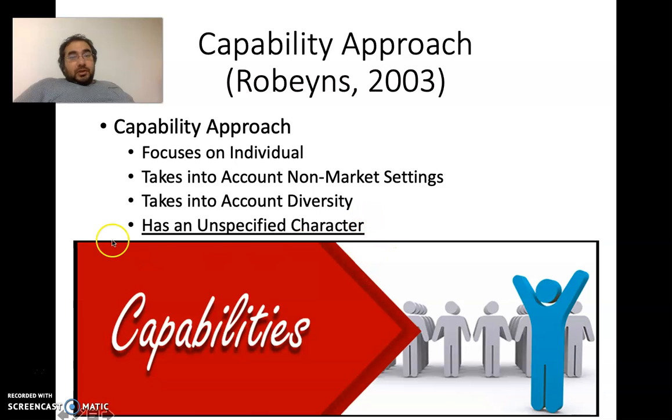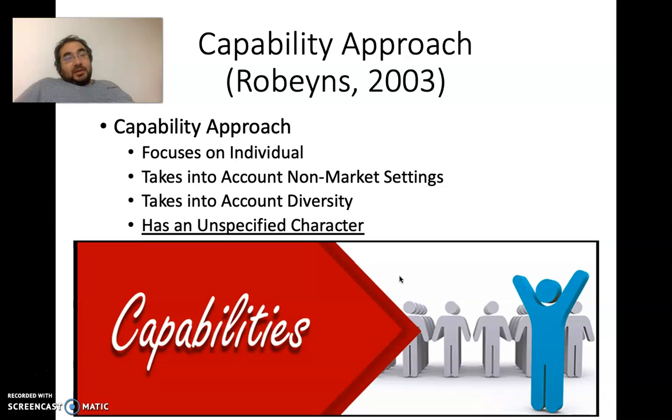The fourth thing is actually the disadvantage of the capability approach. It has an unspecified character. So, as we have mentioned, when we can define the needs, and when we are able to find a way to measure basically the ability to meet those needs, this method might work.